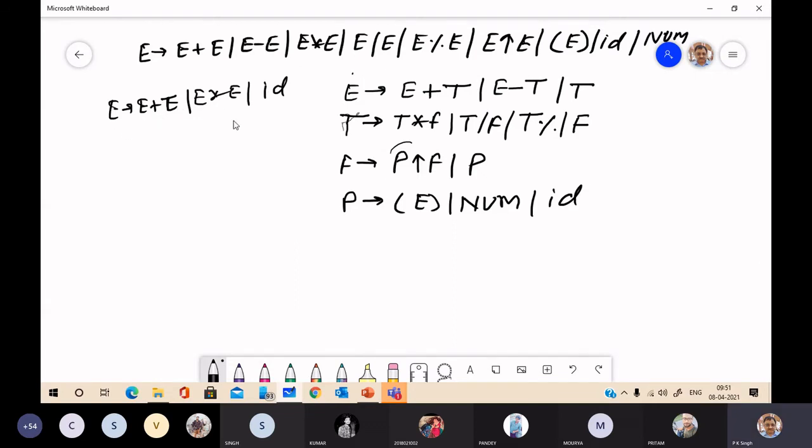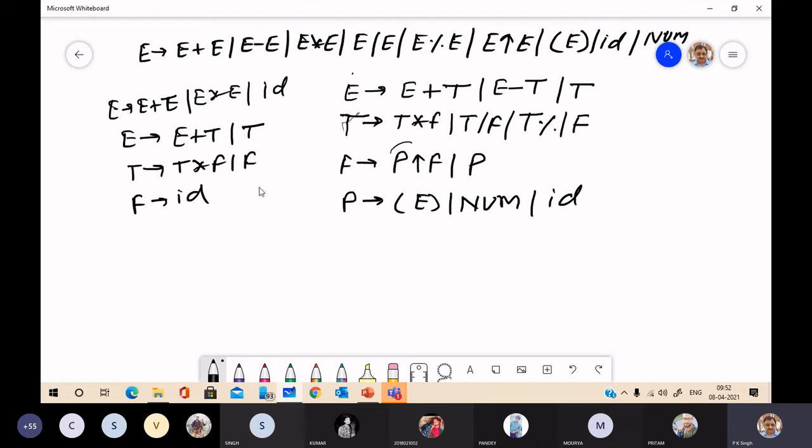So you can change this to E to E plus T, T to T into F, F to ID. This will be the grammar.